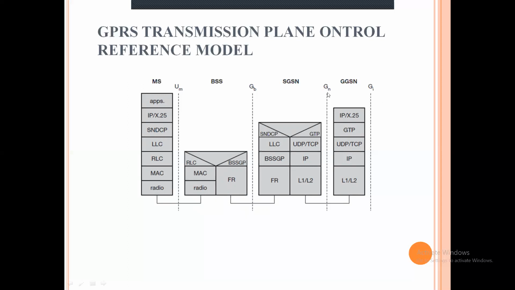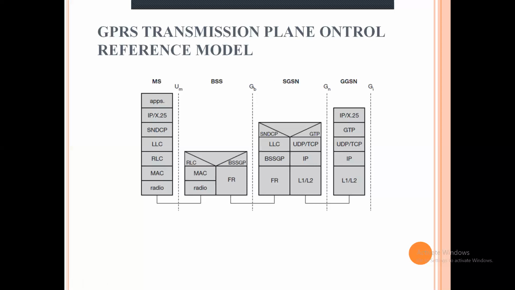Gn is the interface between SGSN and GGSN, and Gb is the interface between BSS and SGSN. Um is the interface between the mobile station and the base station, and this is a wireless interface or radio interface.